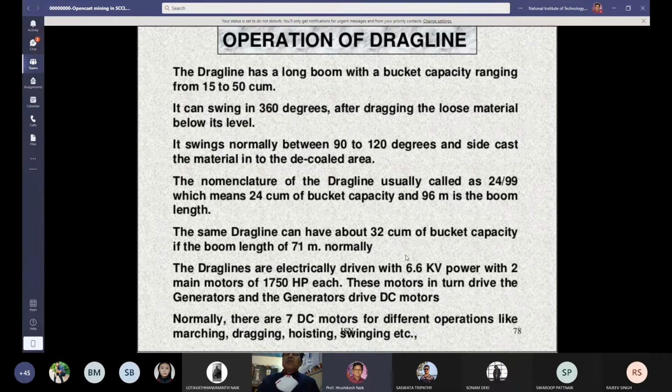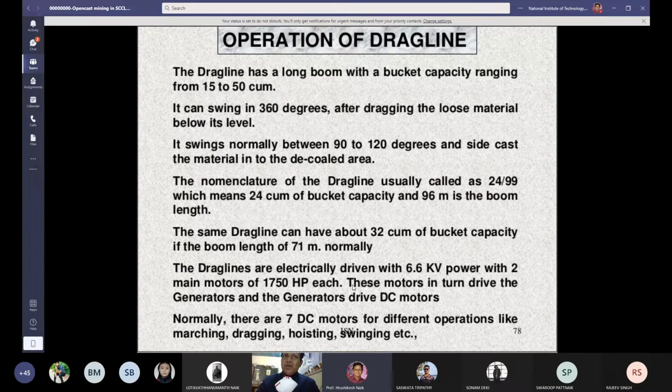meter is normally taken. So the draglines are electrically driven. These dragline machines are electrically driven with 6.6 kilovolt power with two main motors of 1750 horsepower each.